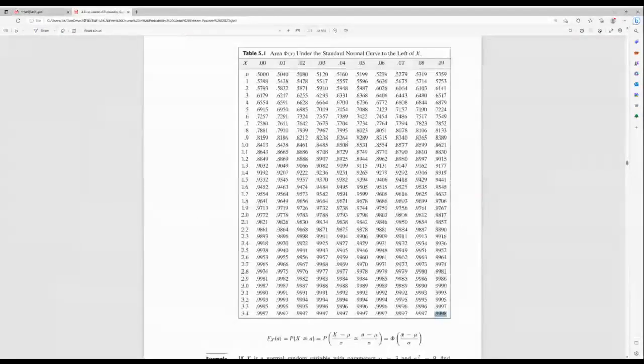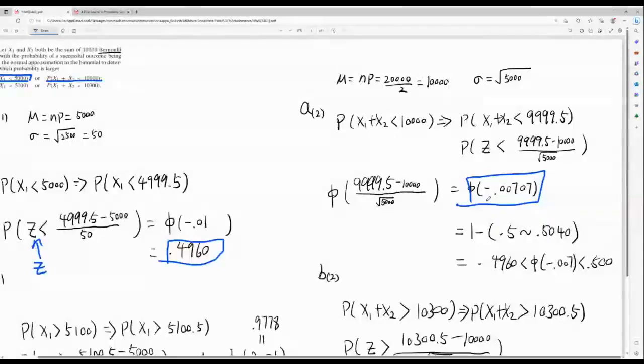We cannot find this number exactly, but we know it is between 0.00 and 0.01. So we know the probability for this would be between 4960 and 5,000, which is bigger than 4960. So for part A, this would be bigger.